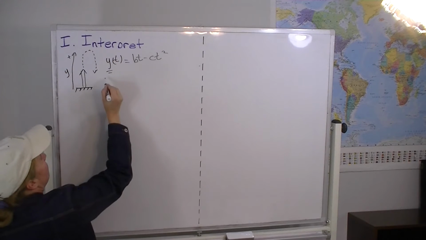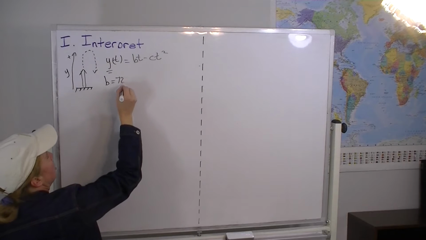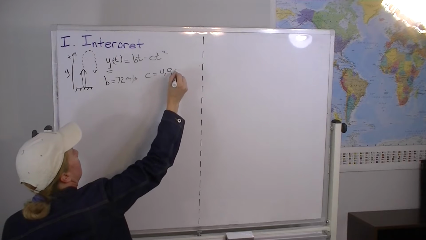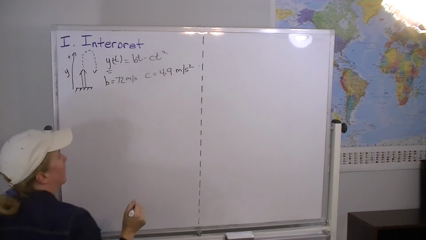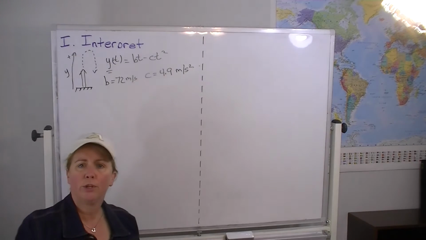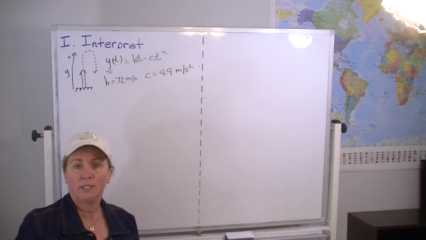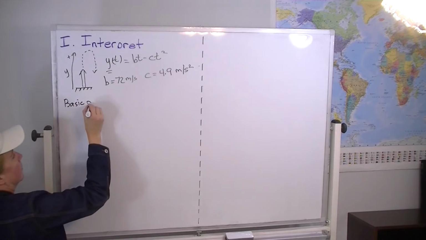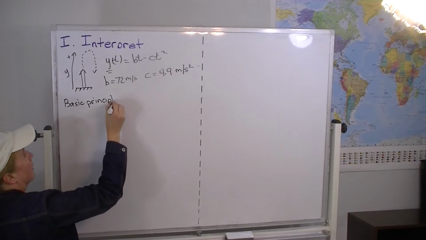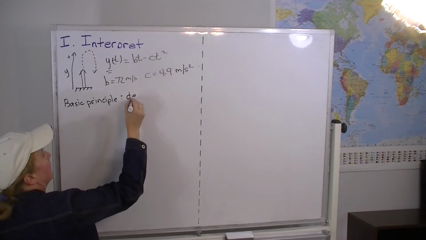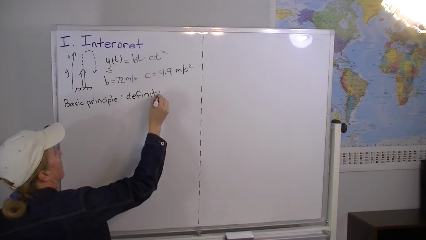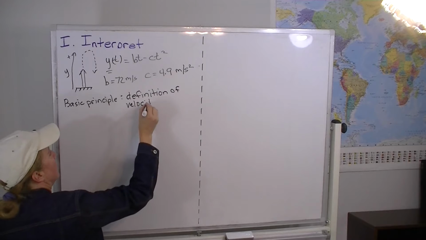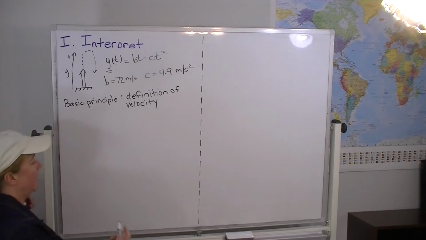And we're told that b is equal to 72 meters per second and c is equal to 4.9 meters per second squared. What is the basic principle we're using here? Well, it's the relationship between position and velocity. And we can state that as the definition of velocity, which is the derivative of position with respect to time.